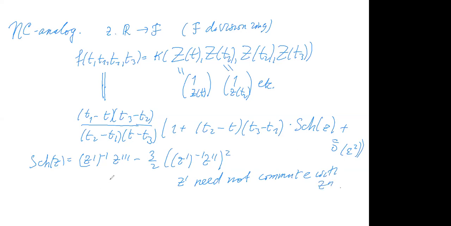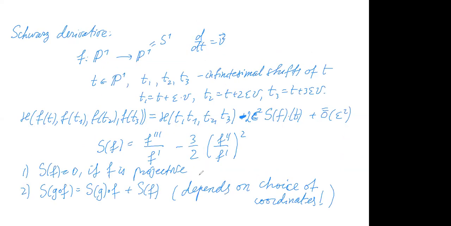So this is the noncommutative relation, and it turns out that it also has all the properties I mentioned. It is definitely also projective invariant. That just follows from the definition.